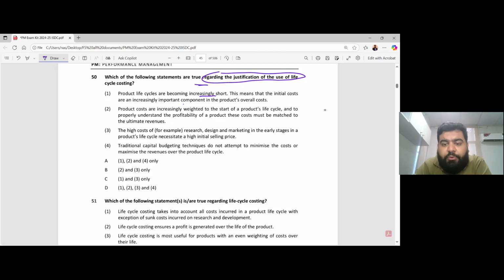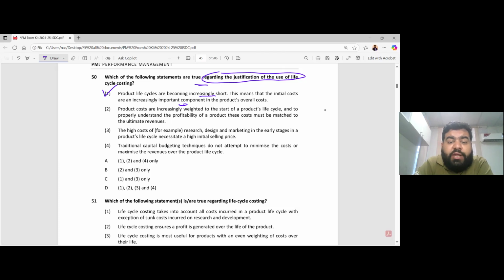So for a short life cycle product, initial costs are obviously an increasingly important component. You have to focus on that at the start, when the costs are more. I know research and development, marketing and all that, but you have to control that as well to earn the profit. So this statement is correct.